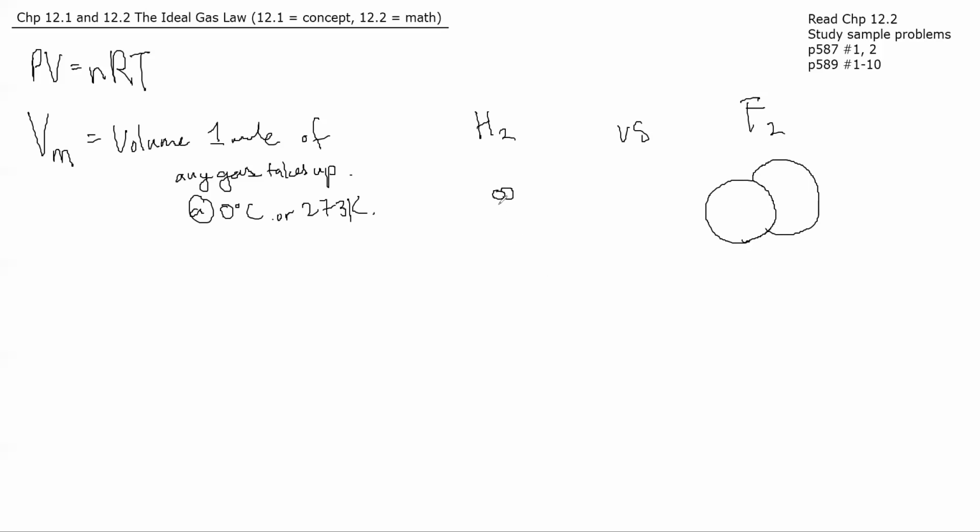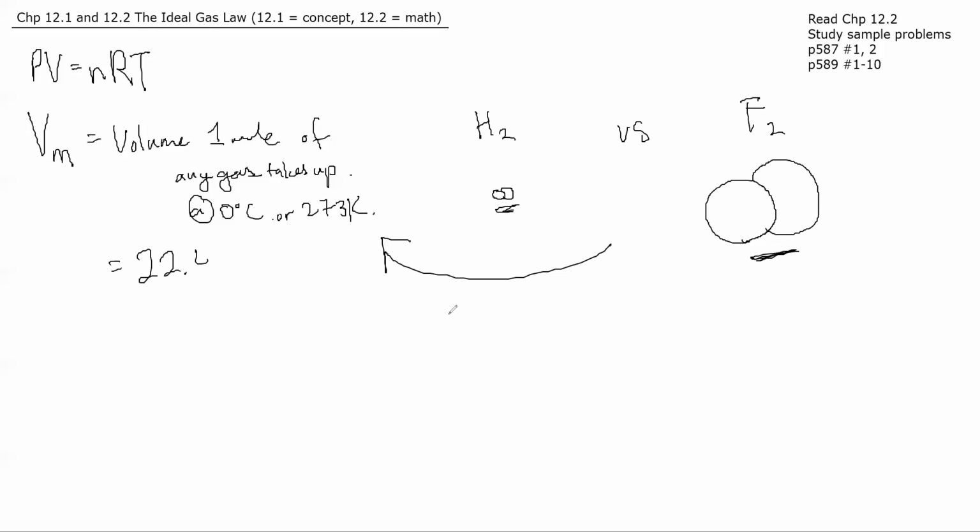So if hydrogen and fluorine as a gas clearly have a different amount of volume, how do both of them take up the same amount of space, and that is 22.4 liters? How does that make sense? Fact of the matter is, it really doesn't.